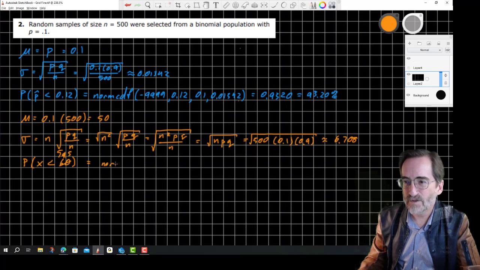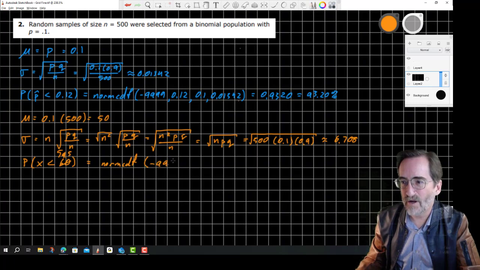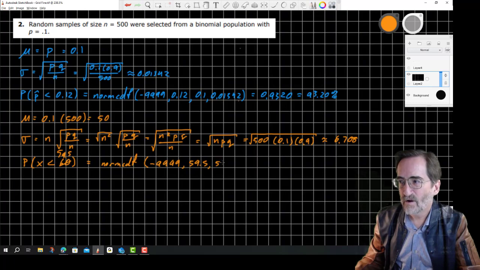Norm CDF. We're going to do some really big negative number, negative 9999, all the way to 59.5, with a mean of 50 and a standard deviation of 6.708.